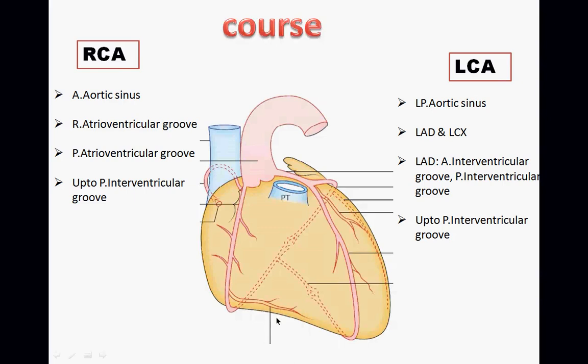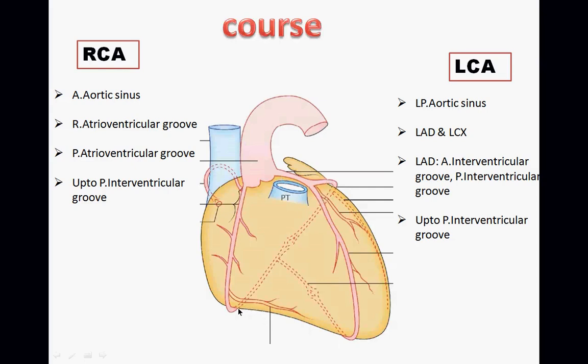Before going to the course, I just want you to brush up about the grooves of the heart so that you understand this better. Here you have the right atrium, and this portion is the right ventricle. So in between these two, where the right coronary artery goes, this groove is known as the right anterior atrioventricular groove. And on the other side, you have the left anterior atrioventricular groove over here.